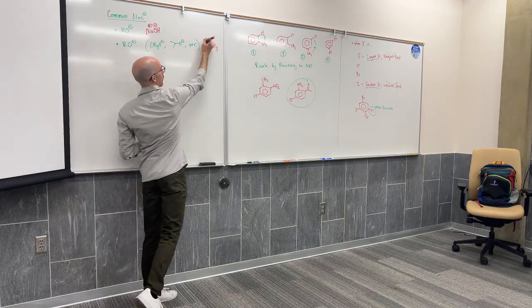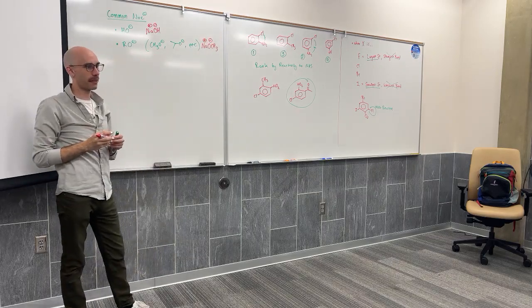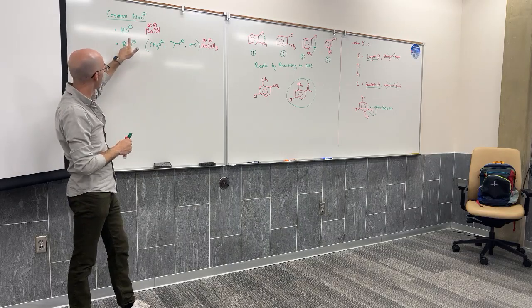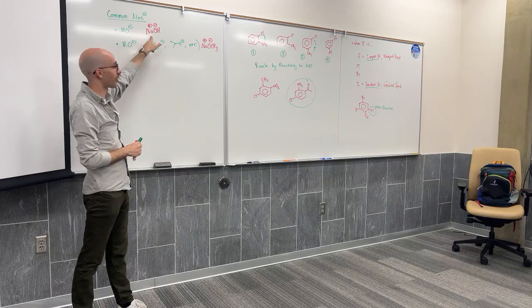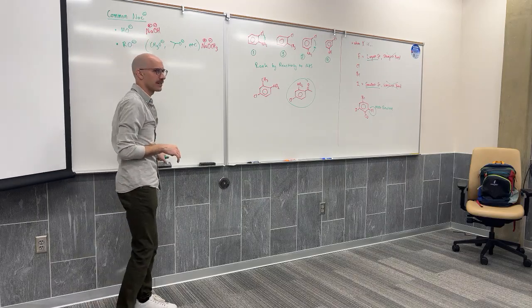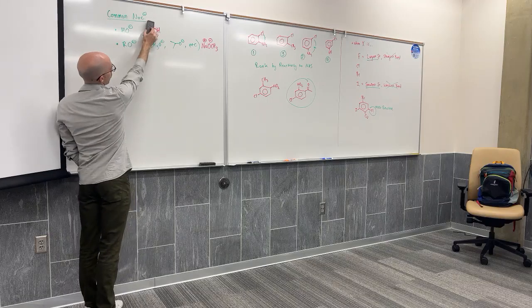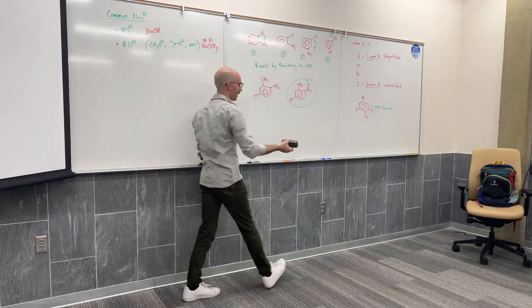You see sodium, a positive ion, which implies you're dealing with methoxide in this case. These are the same. The only difference is that I ignore this spectator ion, an ion that's not doing the chemistry.